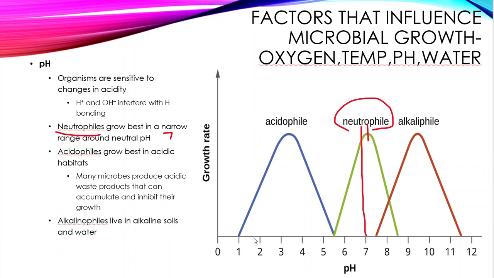There are some, though, that can be pathogens in our stomach. These are acidophiles. They like low pH. These are the alkaliphiles. They like the high pH. So there are niches for every living thing, and these guys fill these.